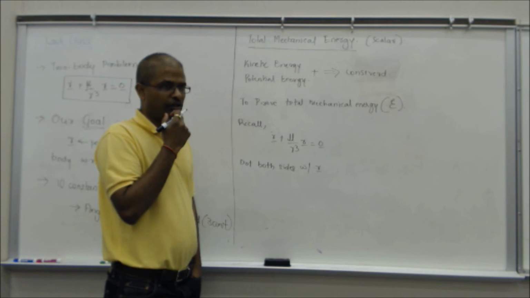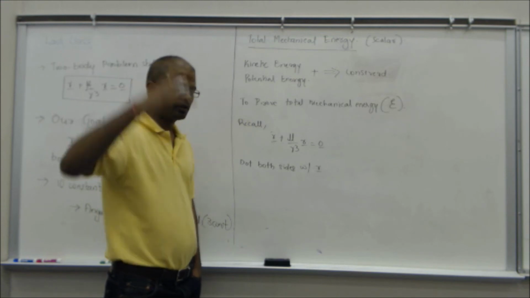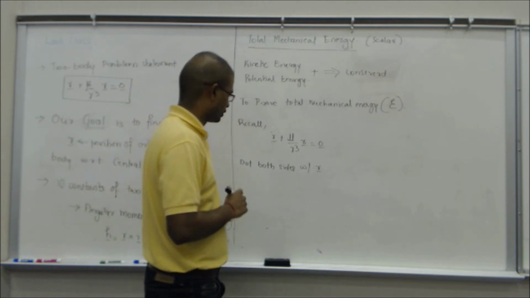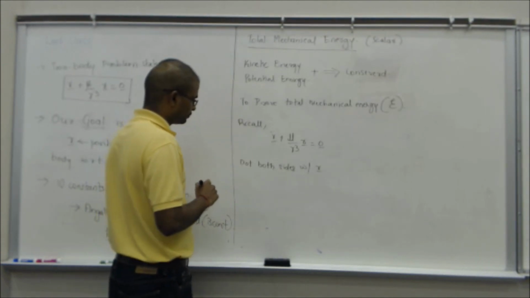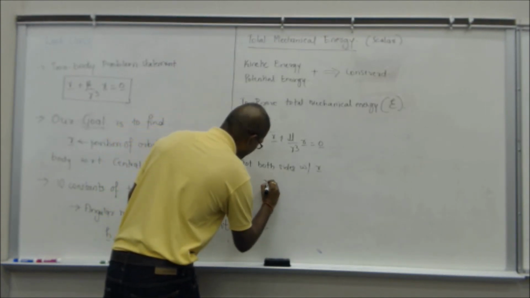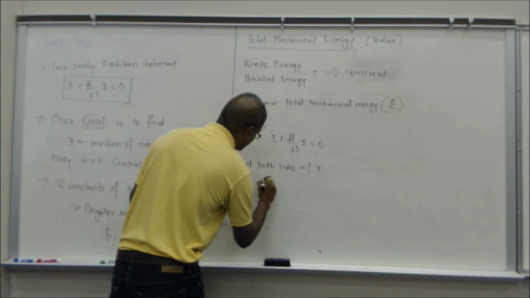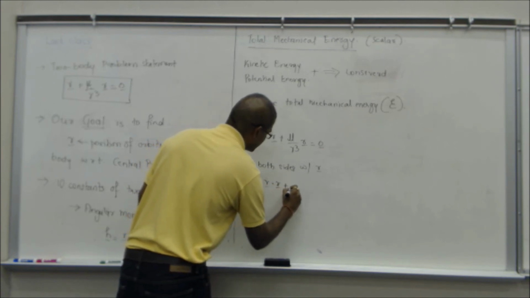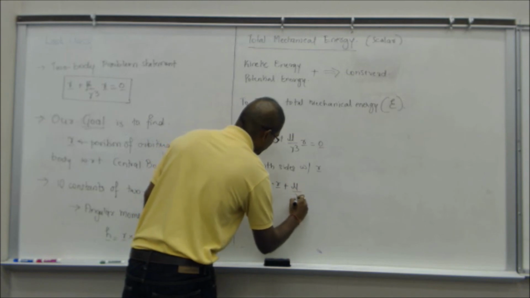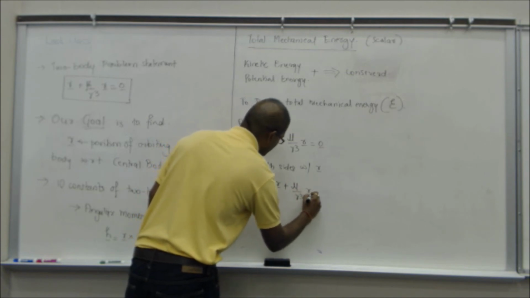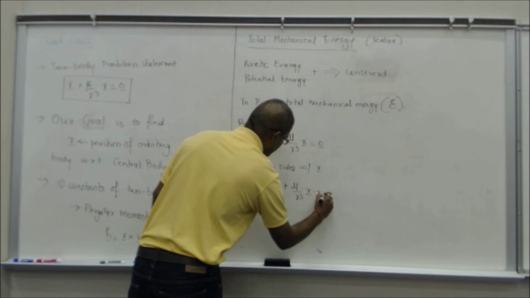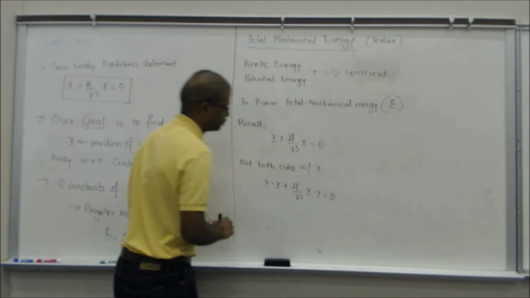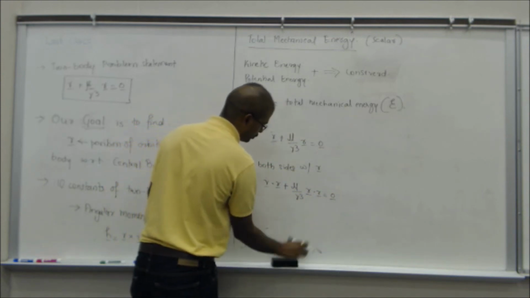Essentially mgh, as a potential height. So that's what we are talking about. So you have R dot dotted with R double dot plus mu over R cubed R dotted with R dot equals 0.